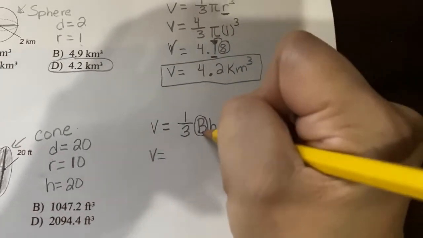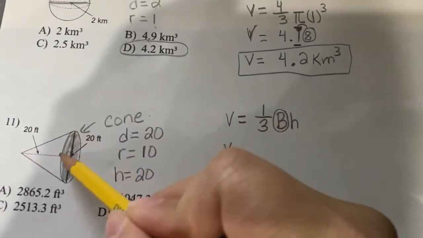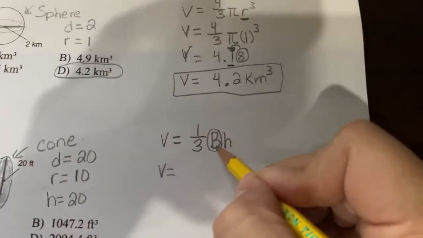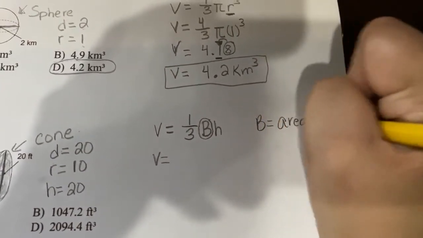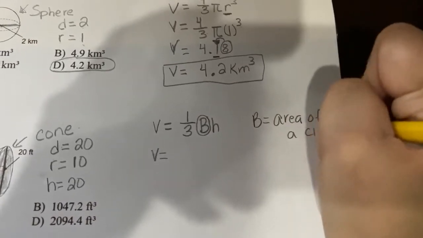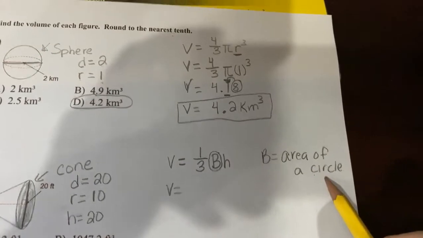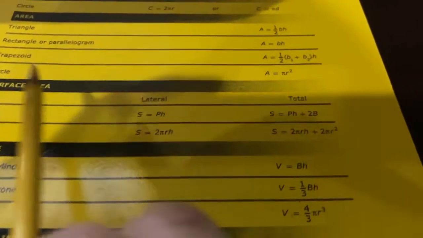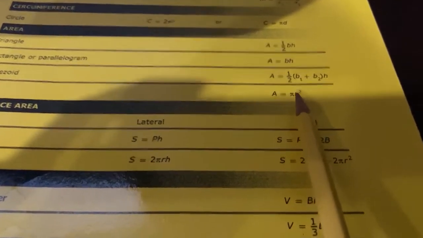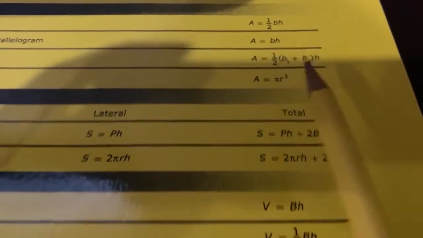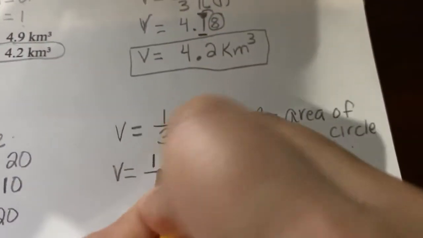Well, I have to look at the area of the base. My base is a circle, so this capital B stands for area of a circle. That area of a circle formula, if you don't remember, is on the formula chart. Area of a circle is pi r squared. So that is how to find the area of the base. I'm going to plug it in to my formula.